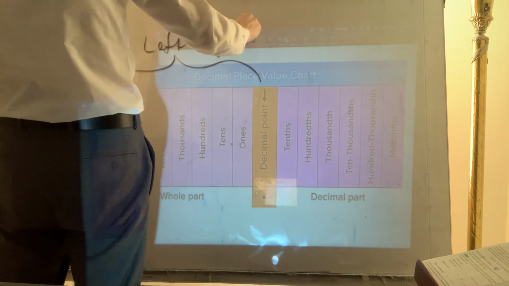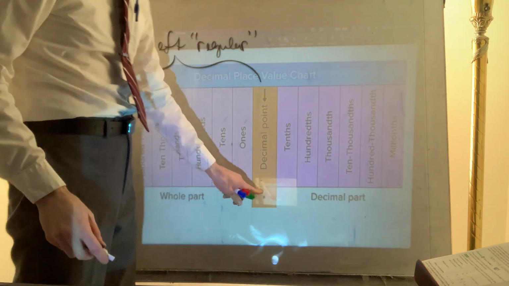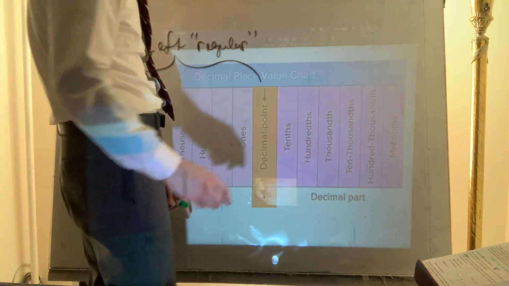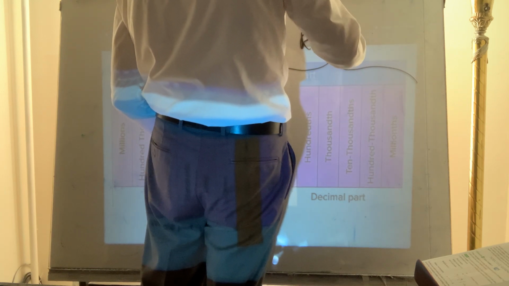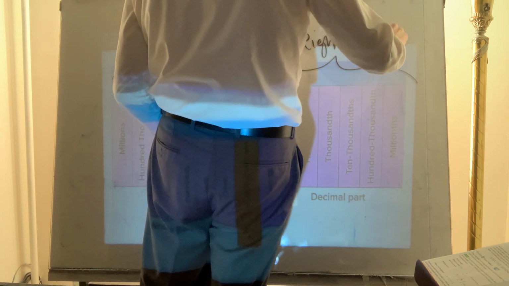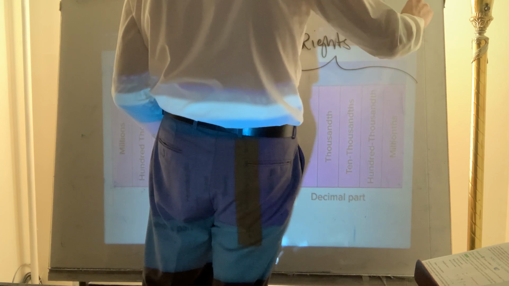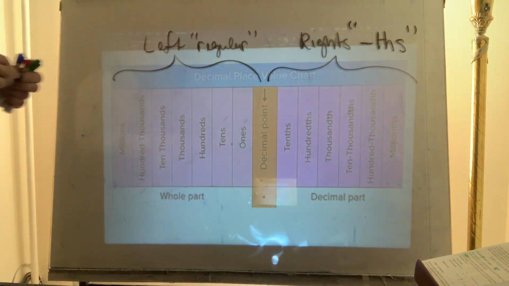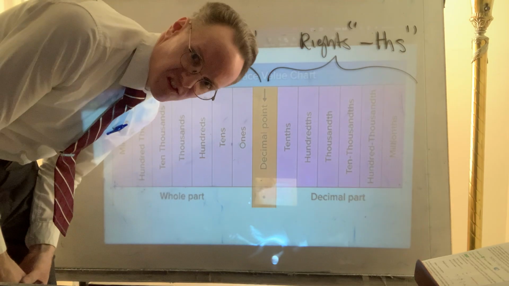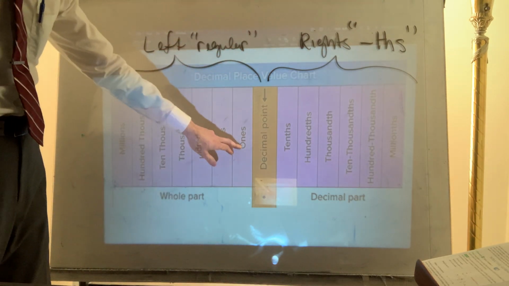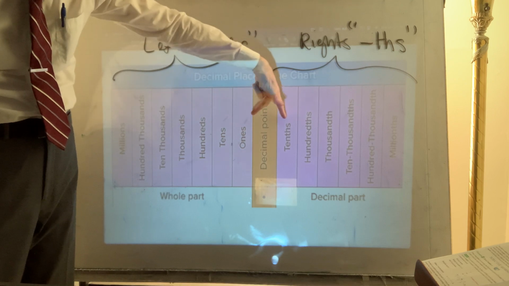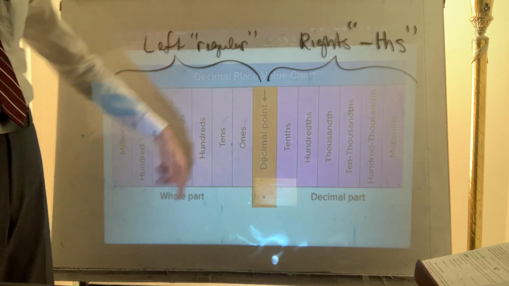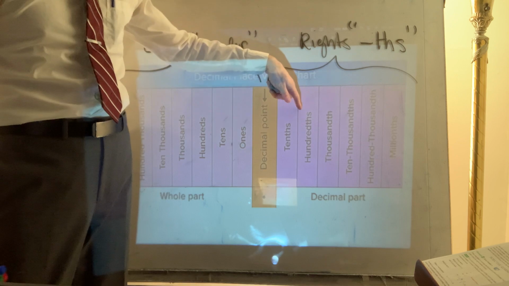Unfortunately, fewer people know that to the right we have the suffix -ths. There's no one-ths place. There's just ones, and then the mirror dimension of tens is tenths. Hundreds is hundredths.